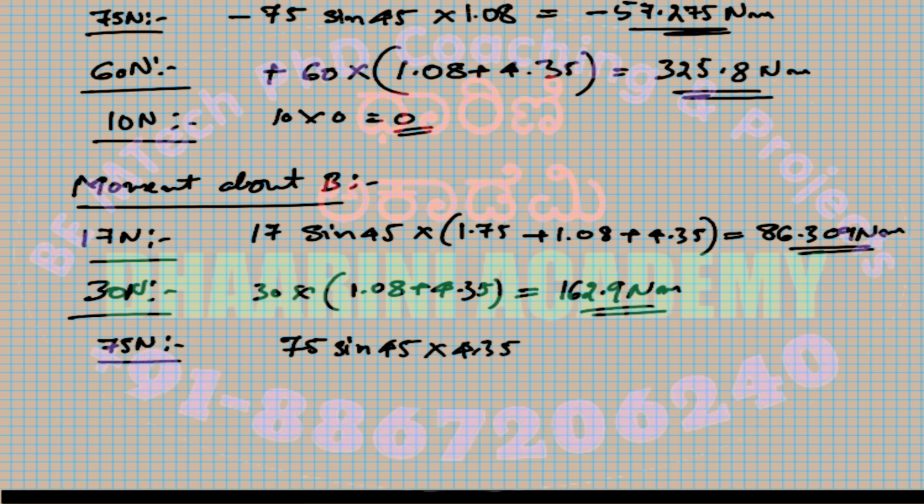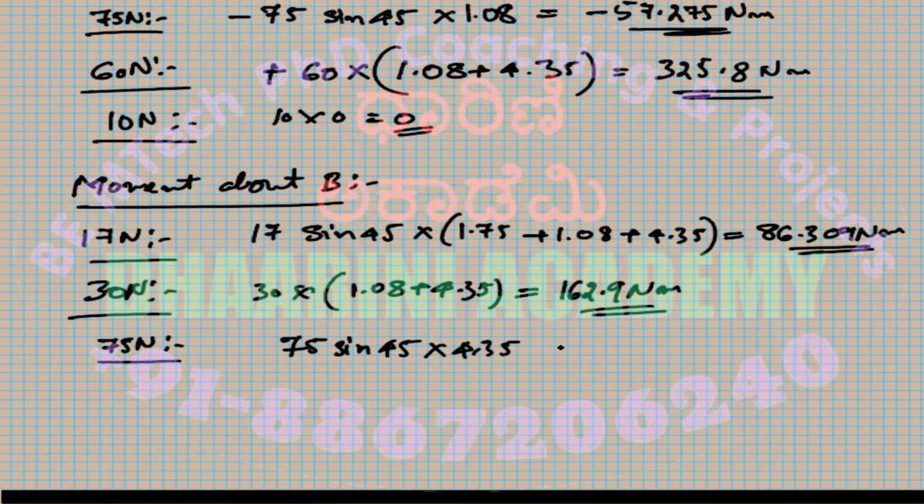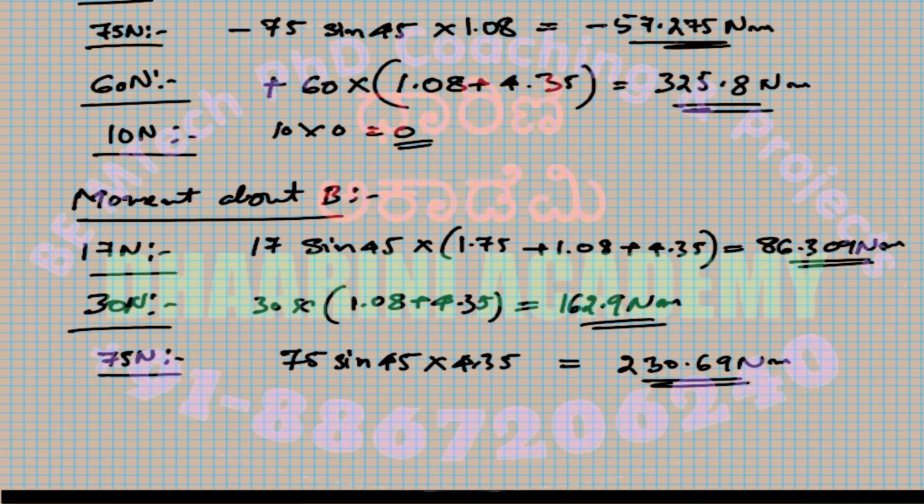And the direction in which this acts is downwards, so it is going to rotate the axis at B anti-clockwise. So this is also going to be positive. 230.69 Newton meter.